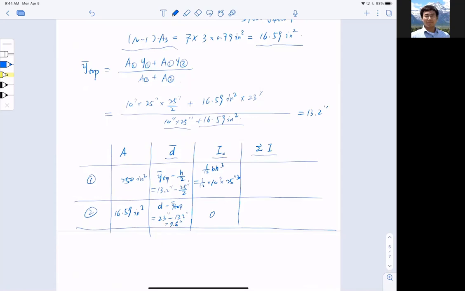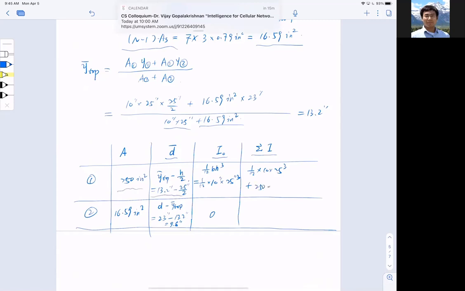For the sigma I for 1, that is 1 over 12 multiplied by 10, multiplied by 25 cubed, plus A d squared. So 250 times d squared, that is 13.2 minus 25 divided by 2, squared.